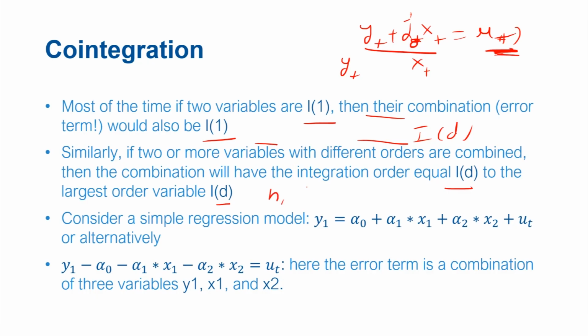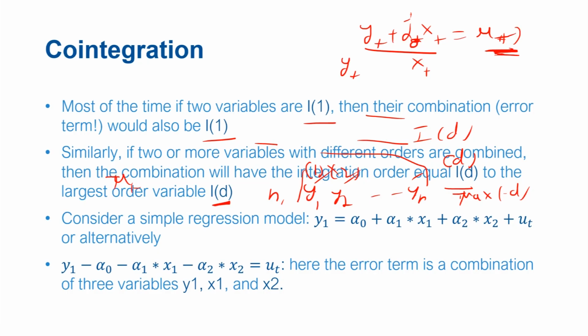For example, if you have n variables like y1, y2 and so on up to yn, individually different time series variables, and some of them are integrated of order 1, some of order 2, and one of them has the highest order of integration, order d, then the resulting error term is expected to be integrated of the largest order, that is d. So mu t will be integrated of order d, the largest order of integration across all these variables.